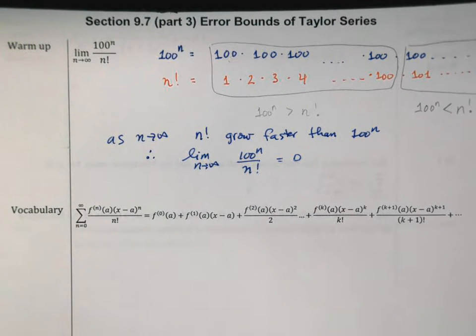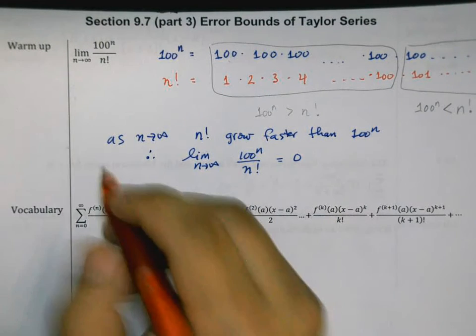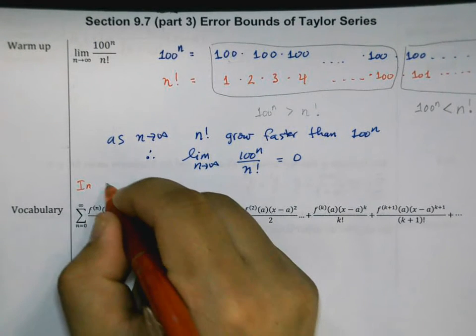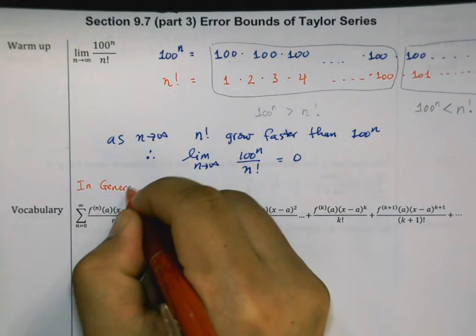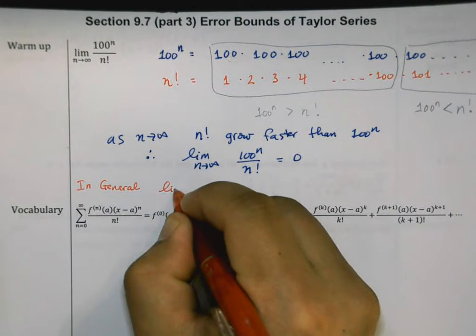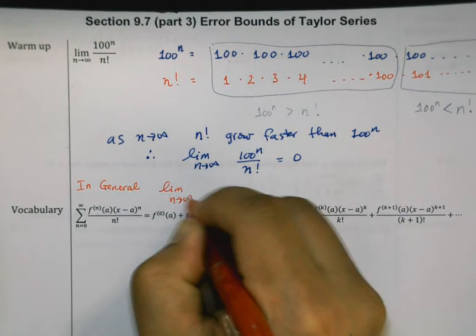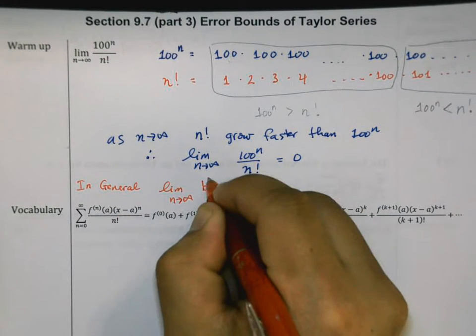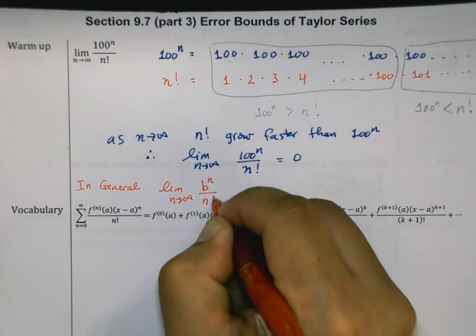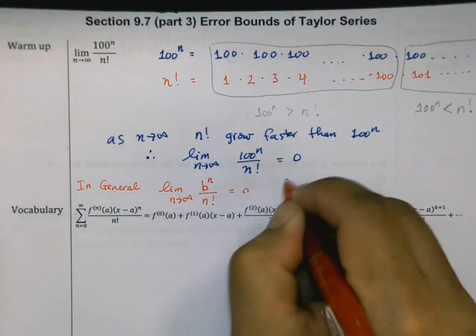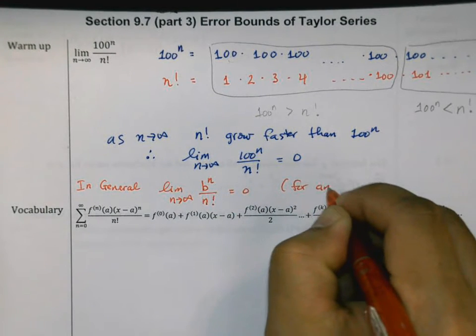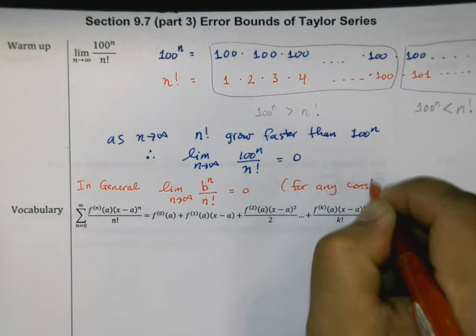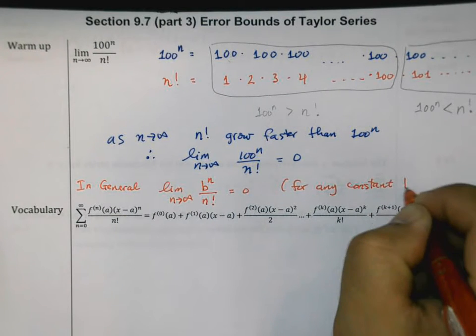And we can also take this a step further and say that in the general case, the limit as n approaches infinity of b to the n over n factorial will equal 0 for any constant b.